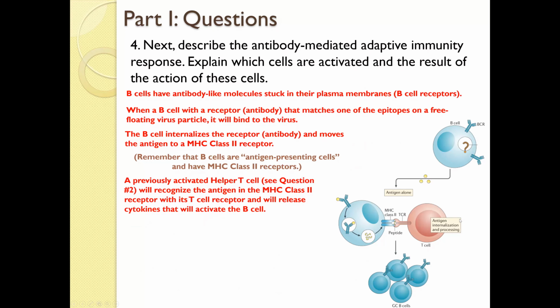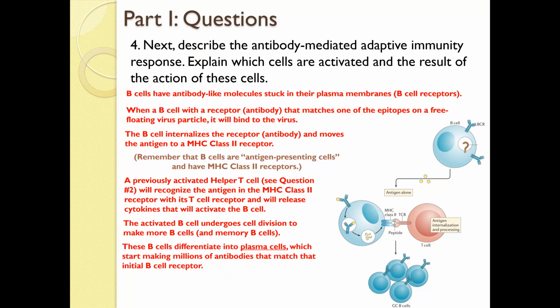A previously activated helper T cell, and we talked in question 2 about how the helper T cells get activated, will recognize the antigen in the MHC class 2 receptor with its T cell receptor, and it will release cytokines that will activate the B cell. The activated B cell then undergoes cell division to make more B cells, as well as making memory B cells.